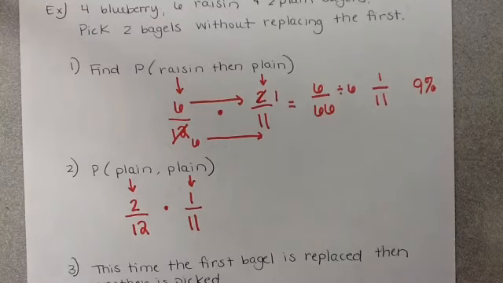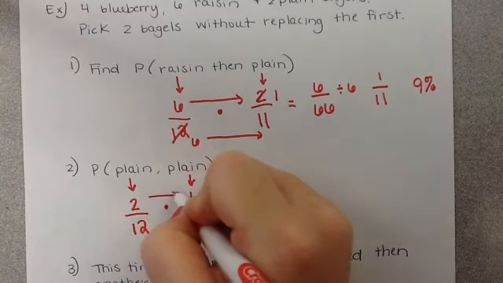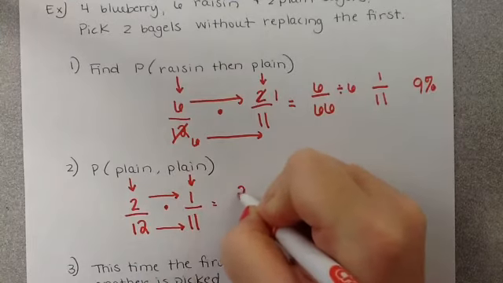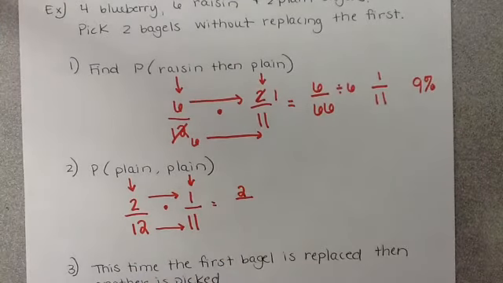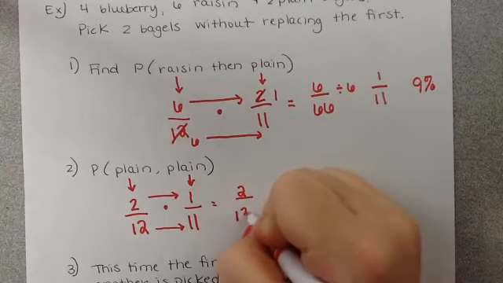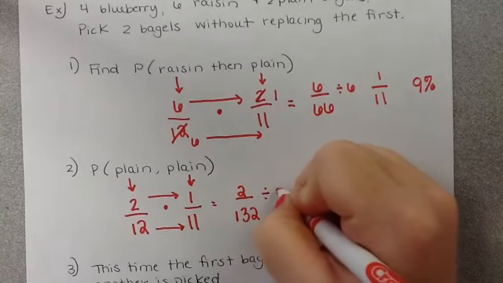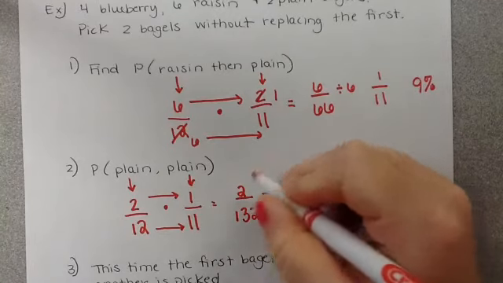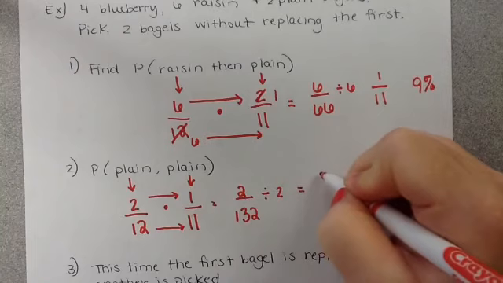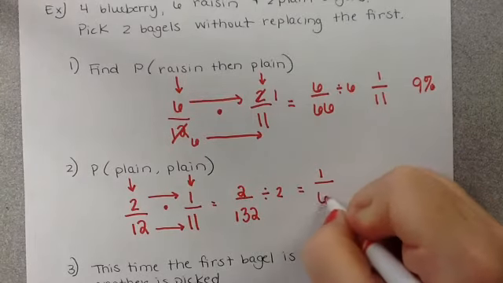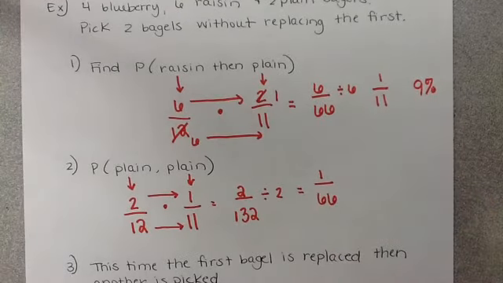How do we multiply? Straight across the top, straight across the bottom, and we get 2 over 132. And we can divide these both by 2. 2 divided by 2 is 1. 132 divided by 2, 66.